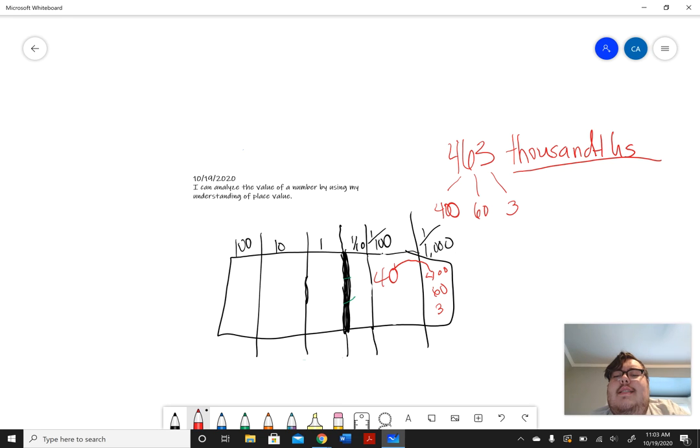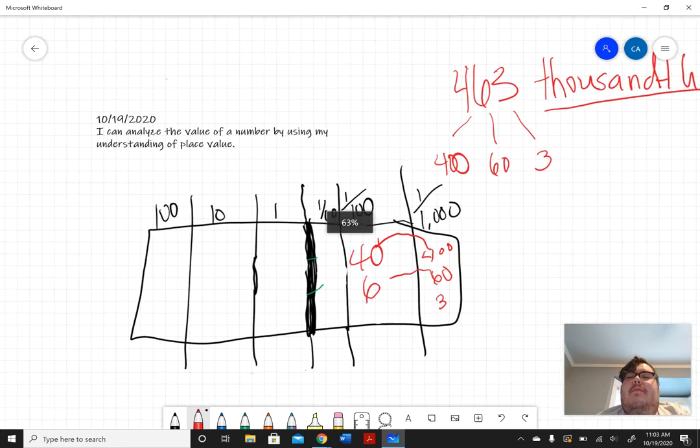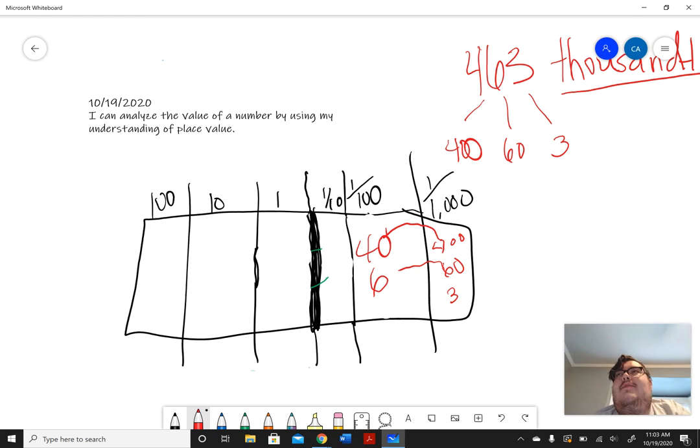Let's look at our 60. 60 is the same thing as having 6 tens or 6 groups of 10. So if I move her over, we got 6. Now my 3 is good, my 6 is good, but my 40 is too big. So let's look for groups of 10 again. 40 is the same thing as 4 tens or 4 groups of 10. So if I move her over, I got 4 groups of 10.